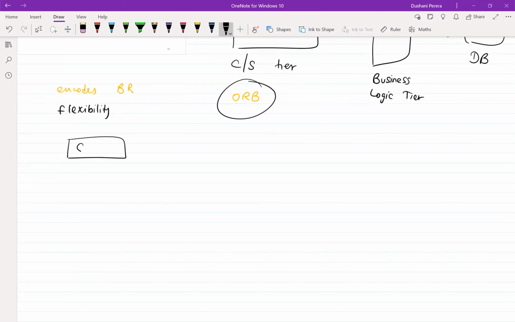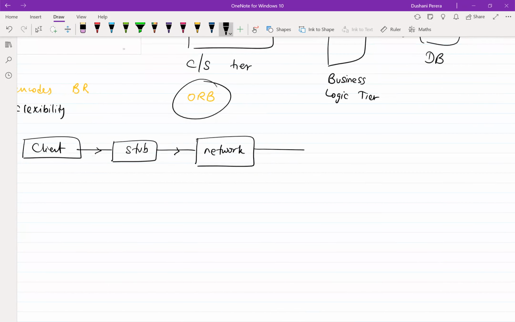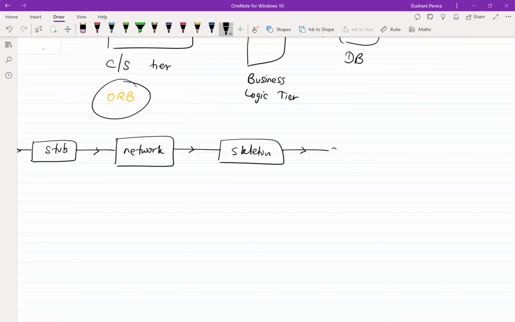So basically you have a client, you have the stub, the message goes over the network. At the other end you have the skeleton, and then the server.